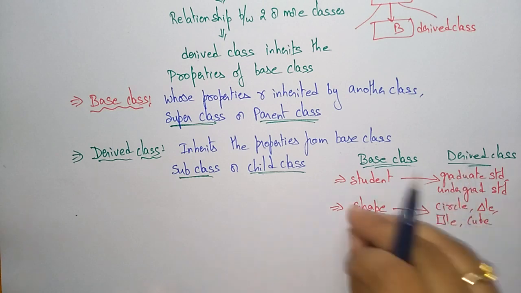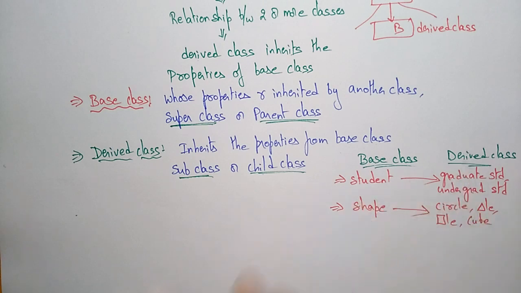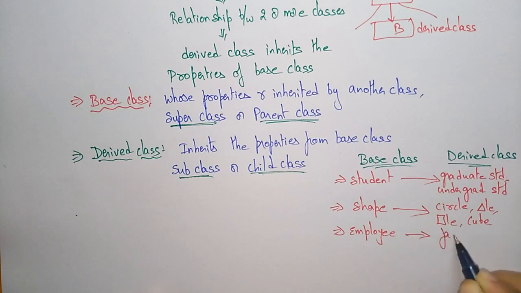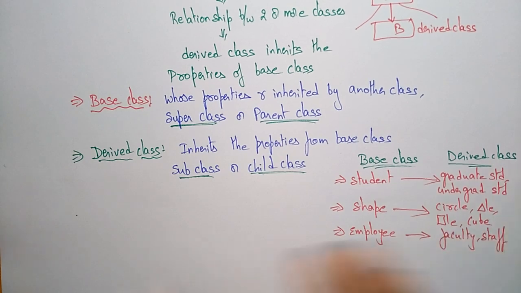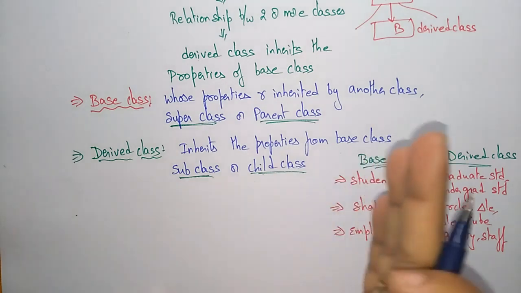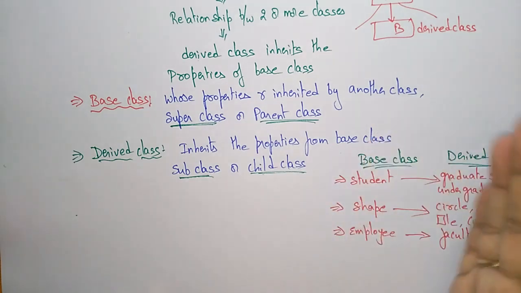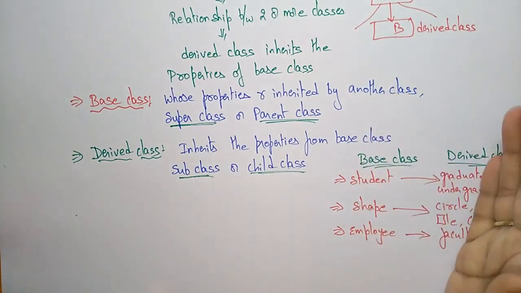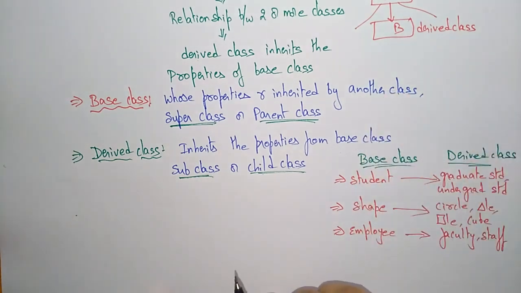Similarly, if employee is the base class, the derived classes may be faculty and staff, who are all employees. Some properties declared in the base will be inherited in the derived classes. So this is the superclass and these are the subclasses.